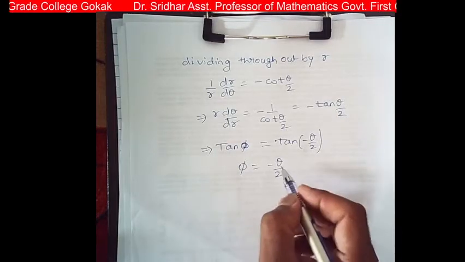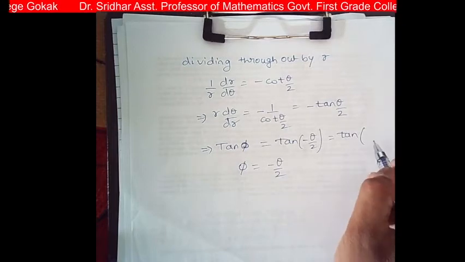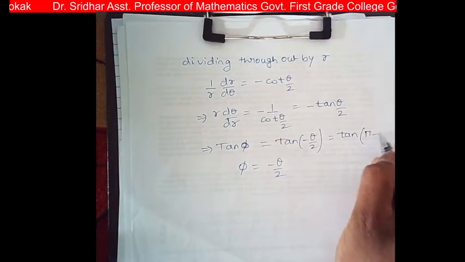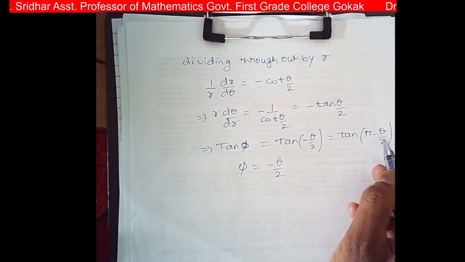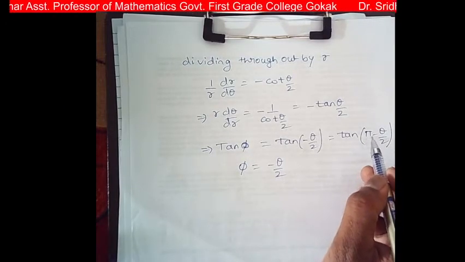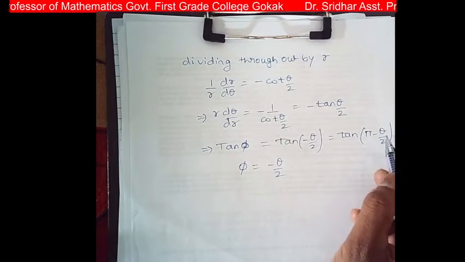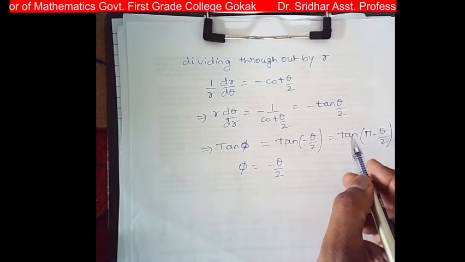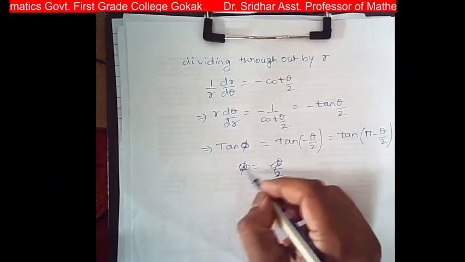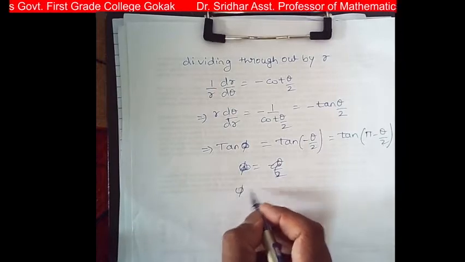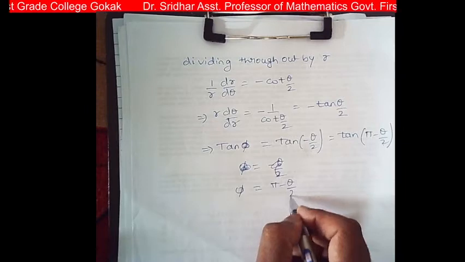Or otherwise you can write this as tan of pi minus theta by 2, because tan of pi minus theta by 2 is again, it is an even multiple of 90, so tan theta by 2, so pi minus means it comes in the second quadrant, and in the second quadrant tan is negative, so it is same as this one. So therefore this can be taken as phi is equal to, tan getting cancelled, pi minus theta by 2.